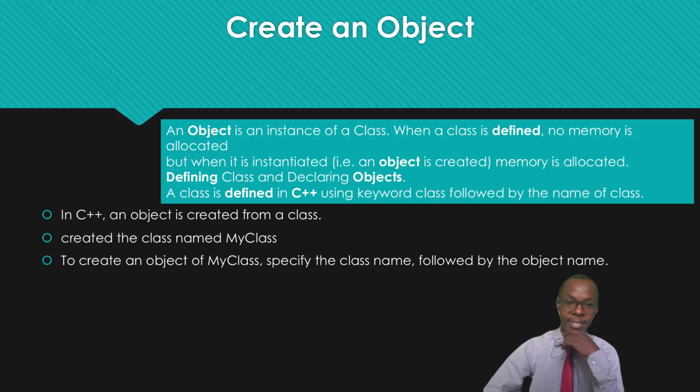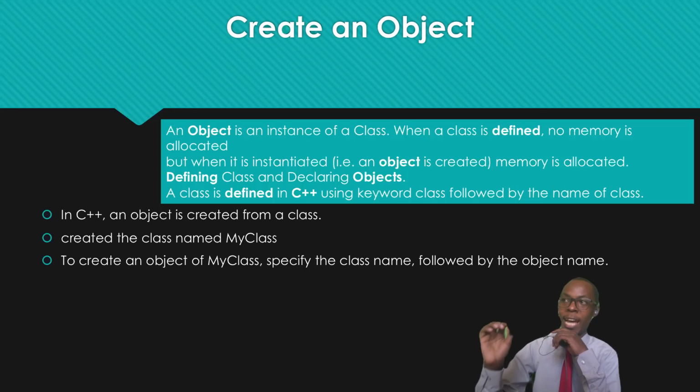The next thing you have to know is the definition of the class. We have seen that the object is the instance of a class. When you say instance, it is like a physical copy of a class. When you define a class, it does not allot any memory in the operating system or in storage.